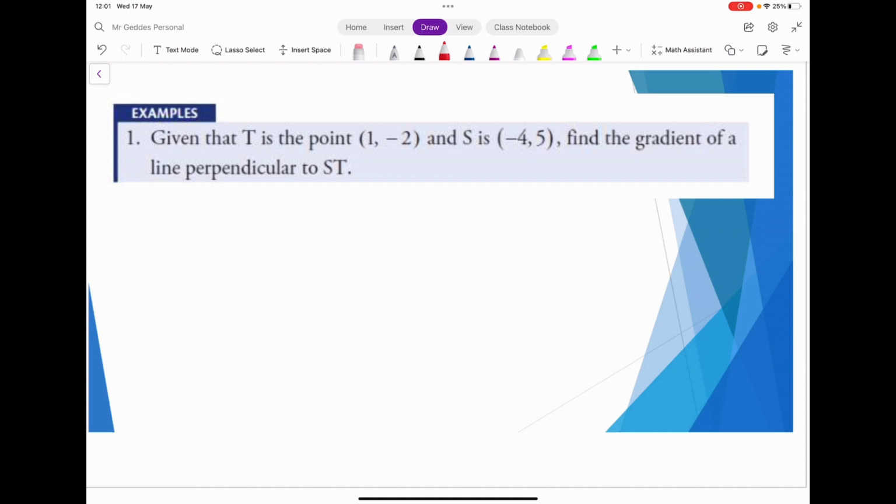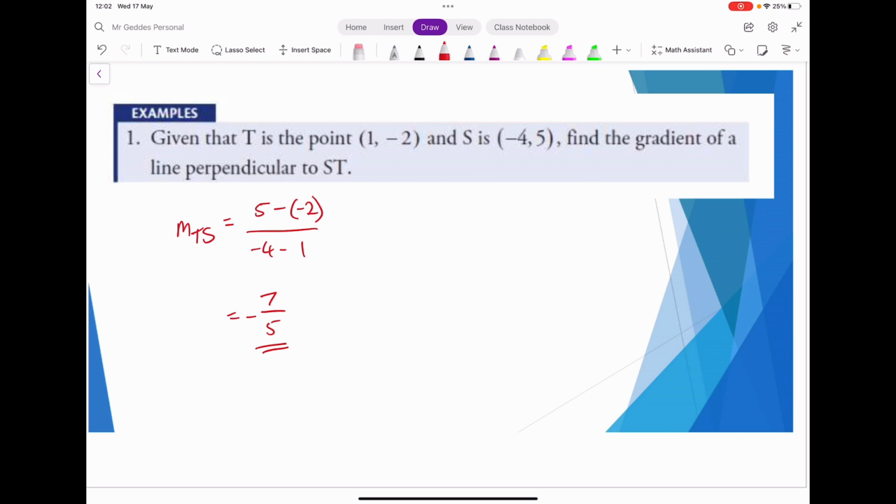So, first of all, the gradient between T and S. And it doesn't matter which way you go. We can do y2 minus y1 over x2 minus x1, and it doesn't matter which one comes first. So I'll just go as it sits. 5 minus -2 over -4, take away 1. That's 7 over -5. We've got our final gradient. Maybe I should call that -7/5.